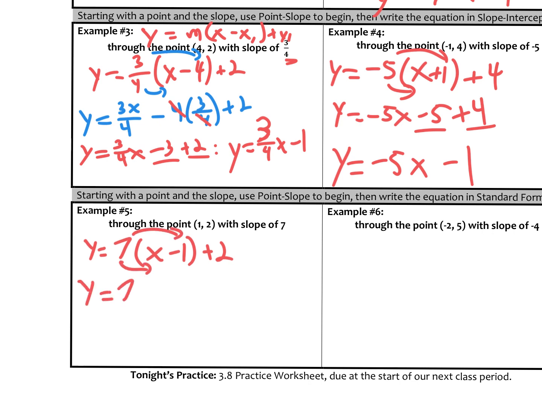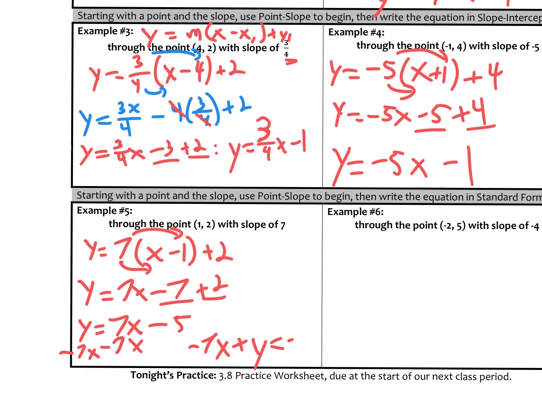Combine. 7x, that's a minus 5. But instead of leaving it like that, I need to move the x to the other side. So I do that by doing the opposite, which is subtracting. So that is negative 7x plus y equals negative 5.